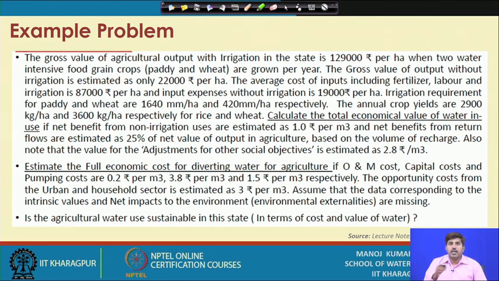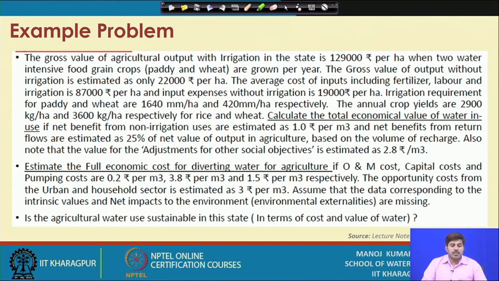This difference gives us the difference due to irrigation. Now the average cost of input including fertilizer, labor and irrigation is 87,000 per hectare, and input expenses without irrigation are 19,000 per hectare.